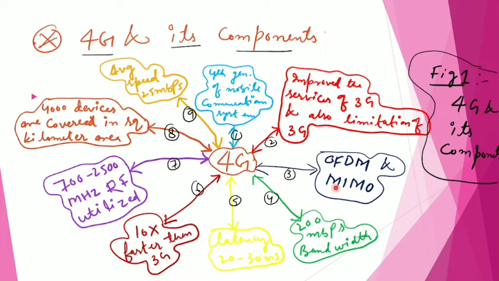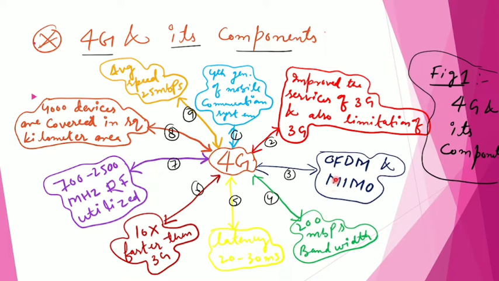If we consider an example of MIMO, suppose in 3G we are transmitting a message, and it takes 10 minutes to reach the destination. With the help of this MIMO concept, every antenna is connected to every user.